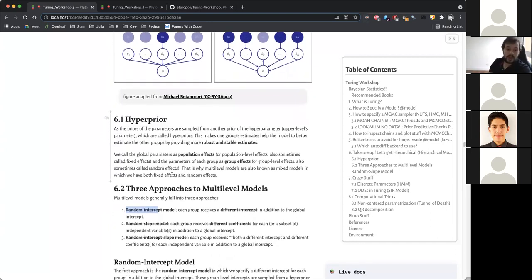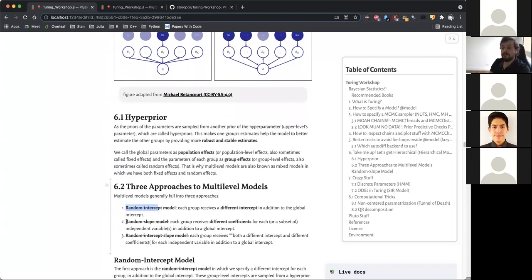The second approach is that we give a random slope. So each group receives a random slope for each, or you can choose a subset of, the independent variables, in addition to a global intercept.